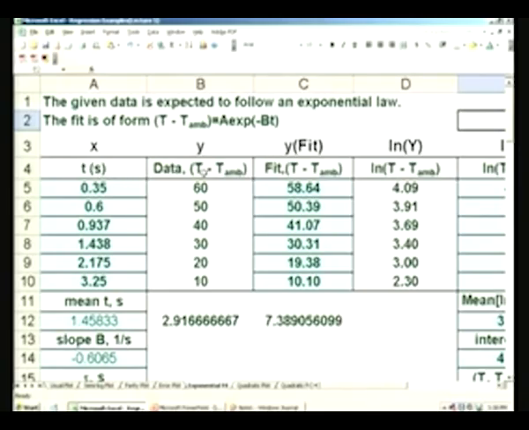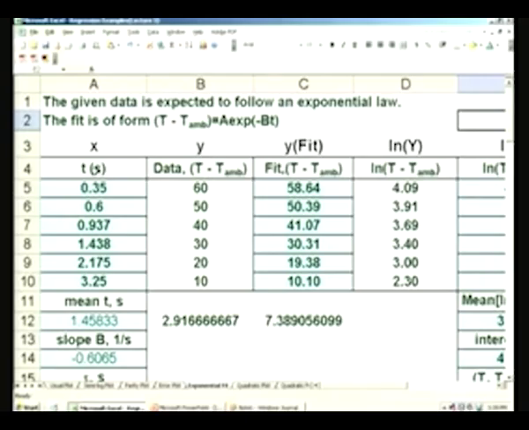Data is actually the difference in temperature between the temperature of whatever object we are measuring, compared to the ambient temperature. So, the difference is what I am giving here, and the t, the seconds, is also identified as x in our normal terminology. Data t minus t ambient is identified as y.